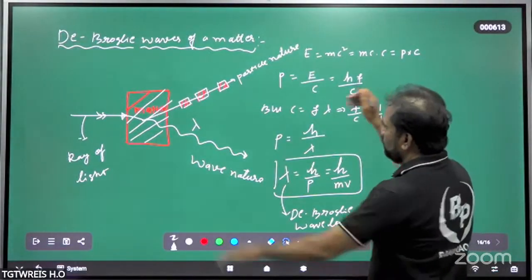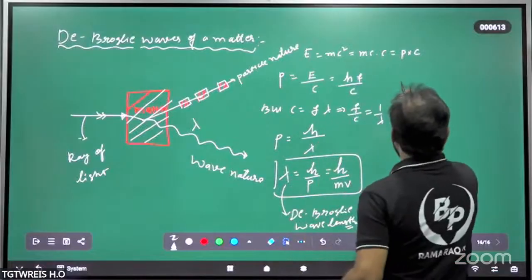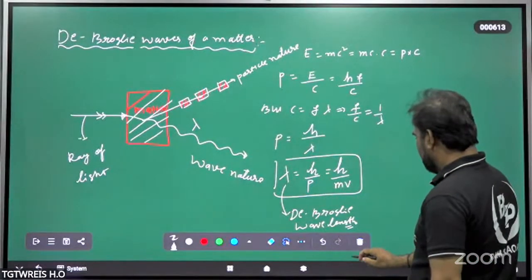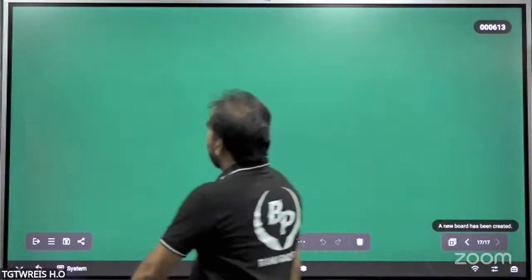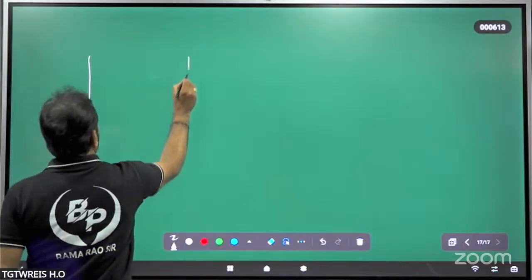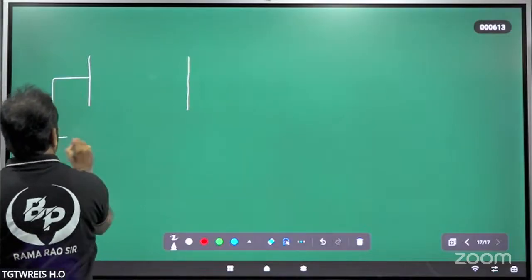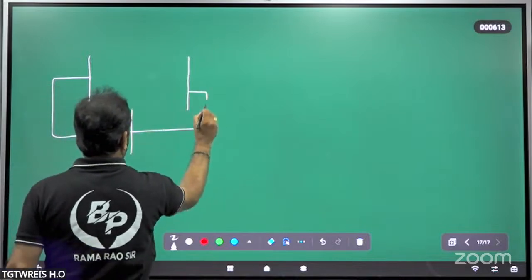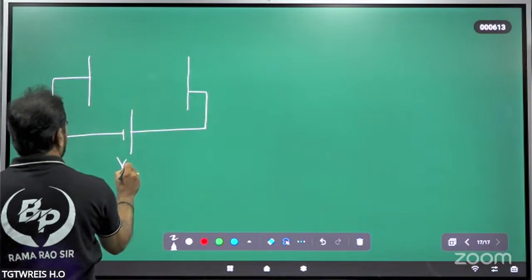So when it was taken experimentally, see here. Across the emitter and collector, a potential V naught is applied.